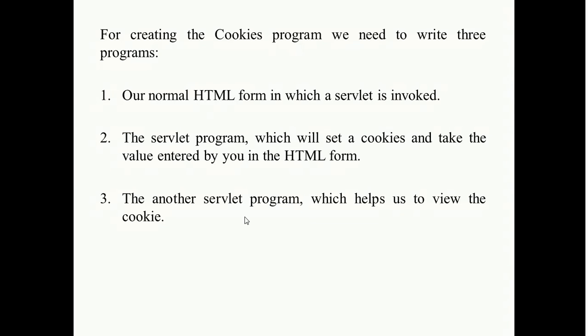In the first servlet program you get the value entered in the HTML code, and the other servlet program helps us view the cookies. So we need to write 3 programs, 1 HTML code and 2 Java files. Let us see one example of how a cookie actually works.